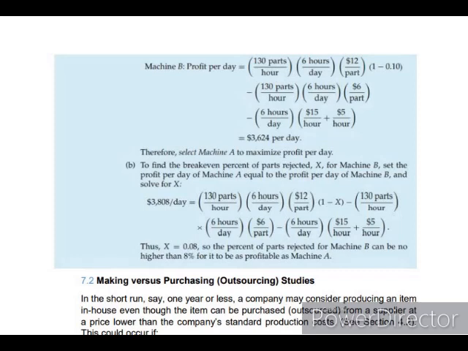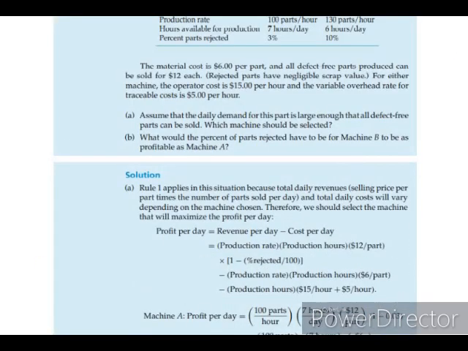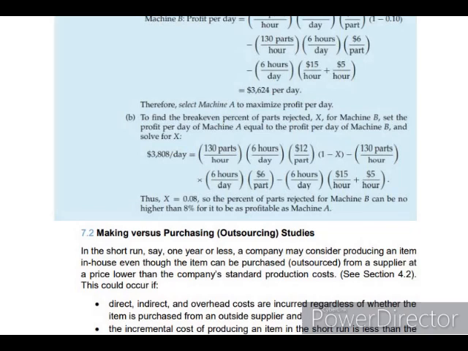Next, letter B. What would the percent of parts rejected have to be for machine B to be as profitable as machine A? So we will compute the percent of parts rejected in machine B so that it is as profitable as machine A. For the solution, to find the break-even percent of parts rejected, X, for machine B, we will set the percent parts rejected equal to X because we do not know that quantity.